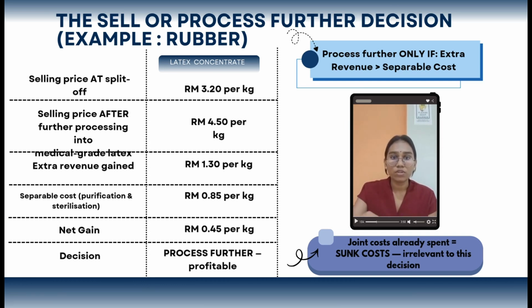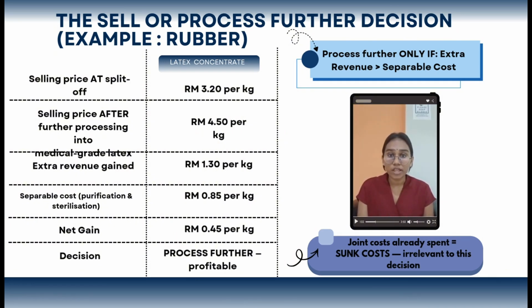Let me show you this using latex concentrate as the example, because as I mentioned, this product has a choice. If we sell latex concentrate right at the split off point, we get RM 3.20 per kilogram. Simple, done, sold. But if we take that same latex concentrate and send it through further purification and sterilization to make it into medical grade latex, we can now sell it for RM 4.50 per kilogram.